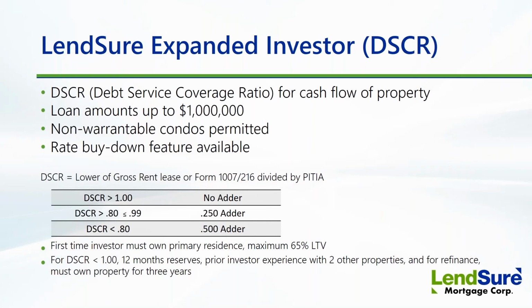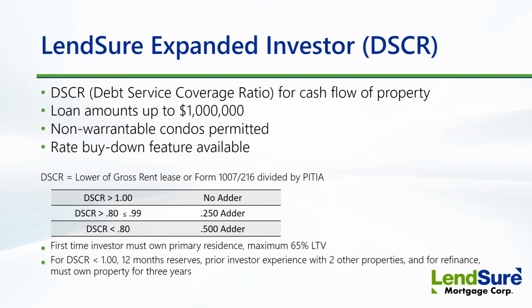We also do what we call a DSCR program. These are borrowers who want us to lend money using the property's cash flow principally. The DSCR is debt service coverage ratio. So we're not focused necessarily on the borrower's income, and we're not calculating a debt to income when we do this loan. We're principally focused on what the rent on that property is and what our PITI is.